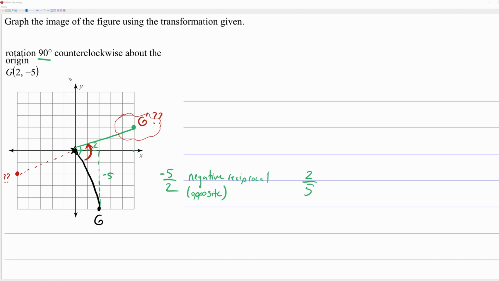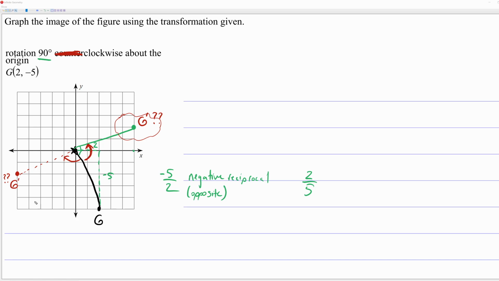Now, let's just pretend for a moment that the question said clockwise. If this question said clockwise, well, I would go in this direction because that's the direction of the hands of a clock. I would take this same slope, positive 2/5, and I would count left 5, down 2. If this problem said clockwise, then G prime would be here.